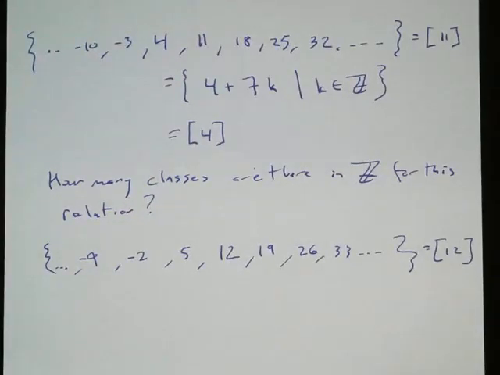Please notice something else. How many elements are in both of these classes? None. Because if you're in the top class, your remainder is 4. If you're in the bottom class, your remainder is 5. Can you have a remainder of 4 and 5 when you divide by 7 at the same time?